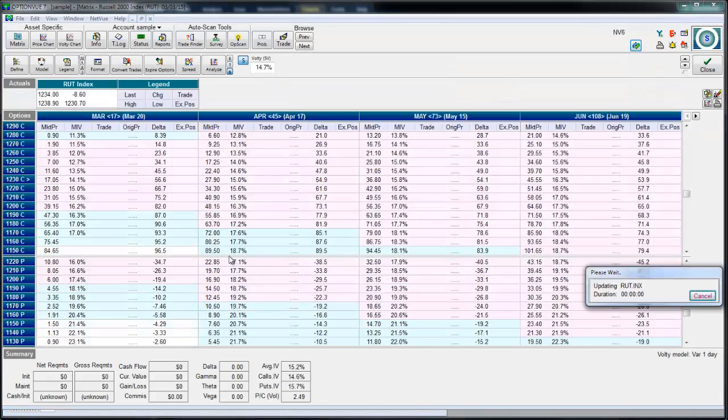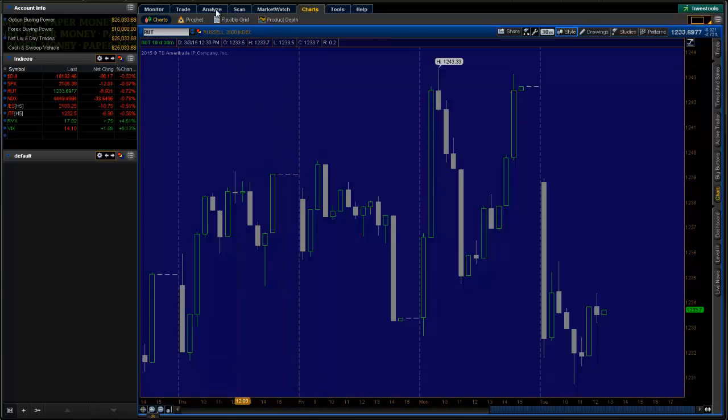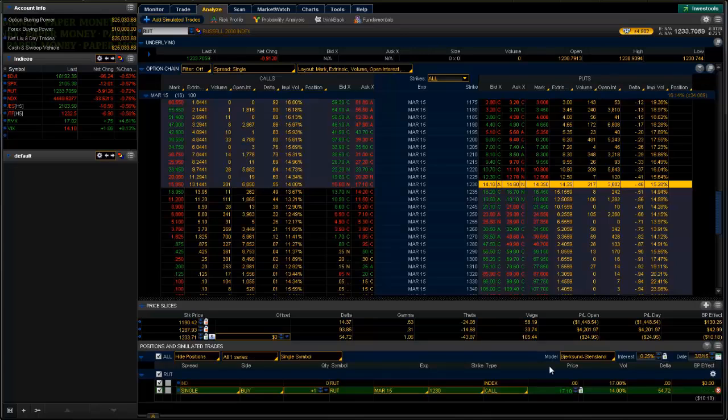I can get every single strike price. All right, these are the strikes that we were looking at. I can see how much it was trading for. And if I wanted to construct the same trade here, I went into Russell, and let's say I'm going to buy a call option at 12:30.